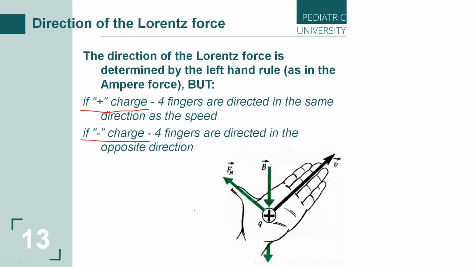Opposite direction to the speed. So don't forget. But the other is the same. Let's see. Magnetic lines must enter the palm.